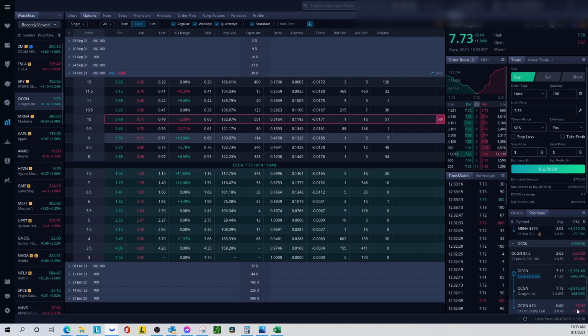Eventually, as time kicks in, this will turn green, and we start realizing more and more profit, which is more and more of the premium we collected up front, which means that if this is green, the current value is less than what it was when we entered the trade, and it will cost us less to exit the trade than what we received to enter. And the difference between the amount we paid to exit and what we received to enter is the profit that we realize on the trade.